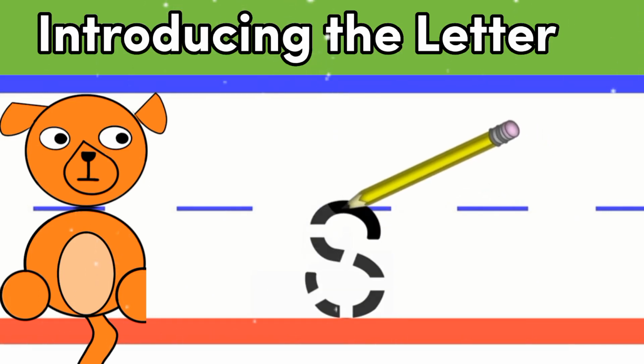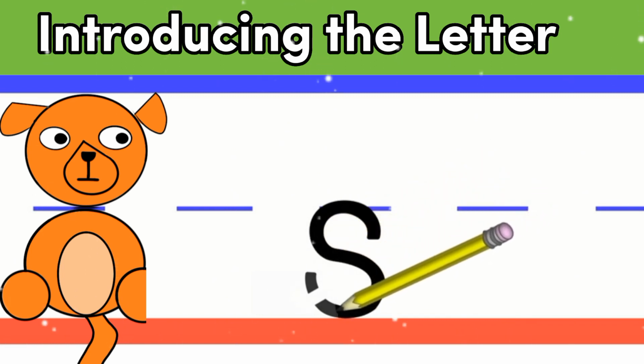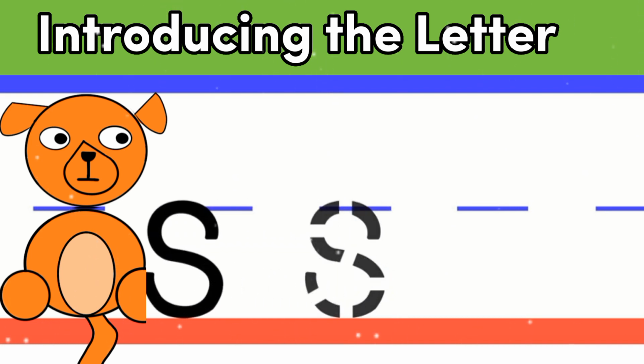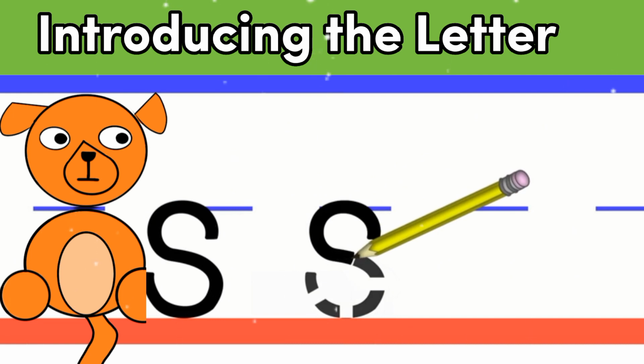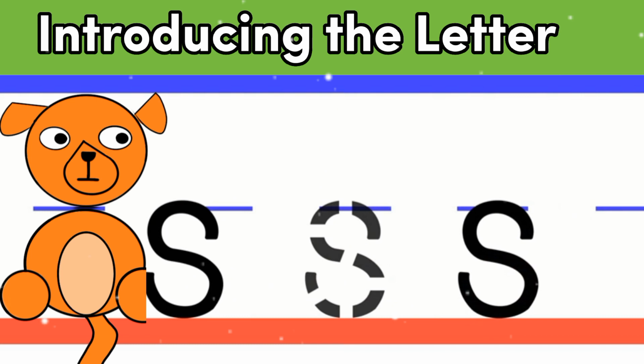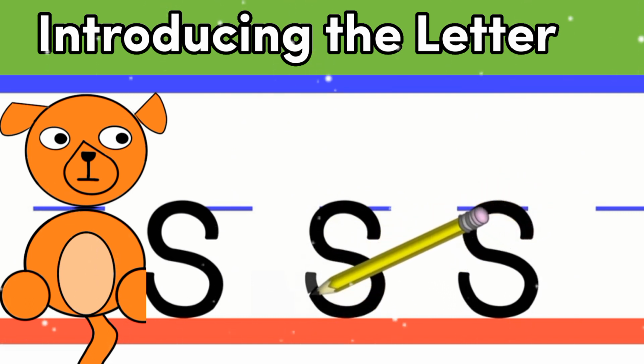You pull back, inward, around, and backward, up. Don't forget to do finger spacing. You pull back, inward, around, and backward, up. Amazing job! You pull back, inward, around, and backward, up. Amazing!